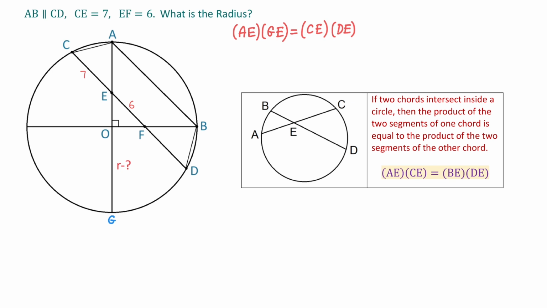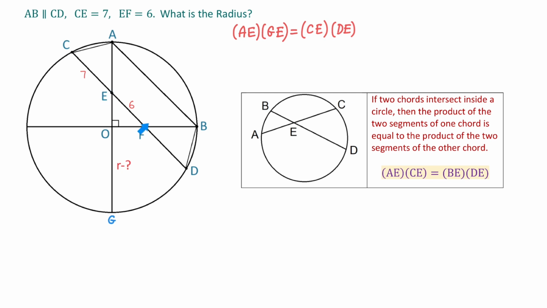For this, first we have to see that the right triangle AOB is an isosceles triangle because the sides AO and BO are equal because they represent the radius. And now, because AB is parallel to CD, the triangle EOF is also an isosceles triangle.